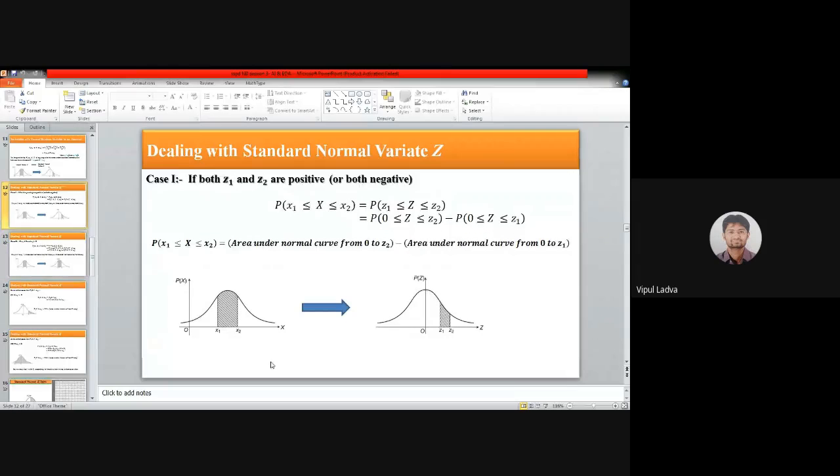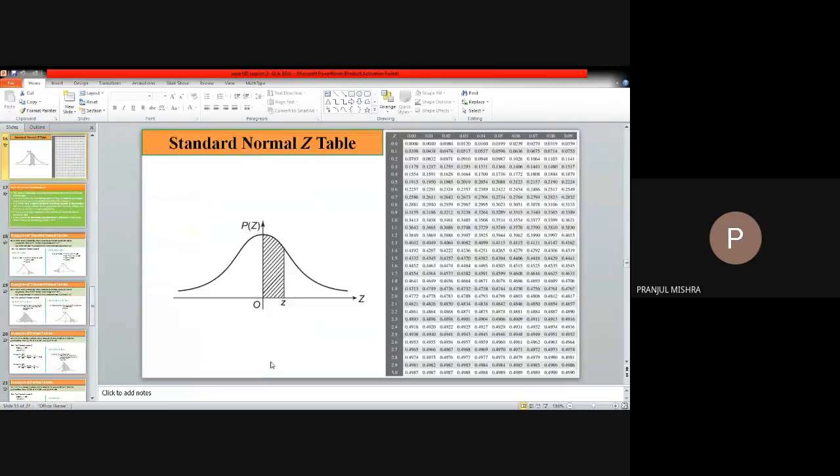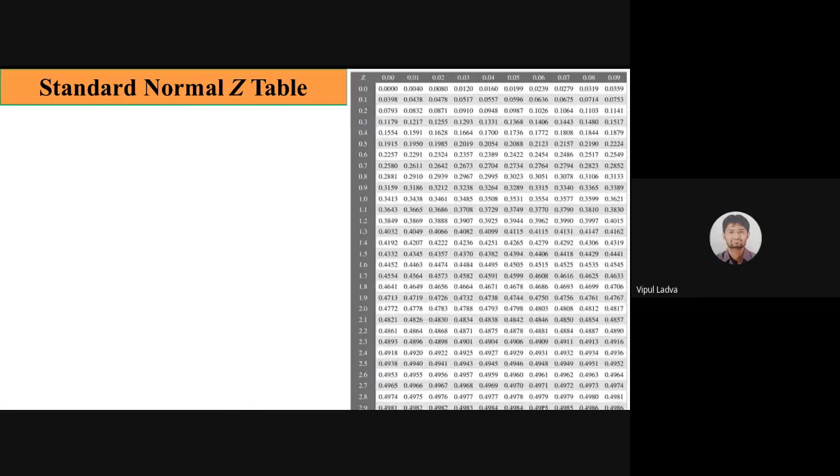Yes or no? If both the values of z1, z2 are positive, if one of them is positive and the other is negative, had this been done or not? I'm not sure, so I'm asking. Yes sir, this has all been covered. I had explained how to deal with this normal table, is it? I have told you how to work with this normal table, with some different examples.